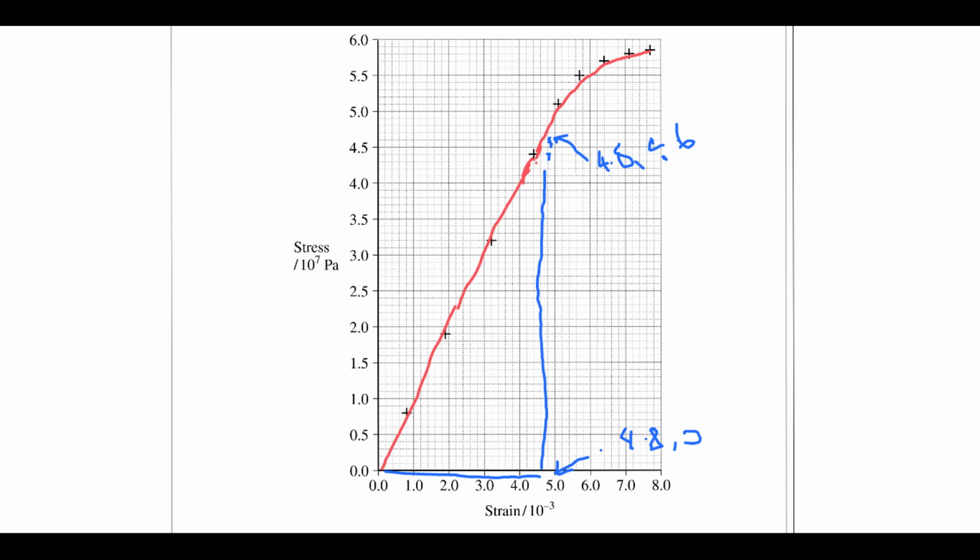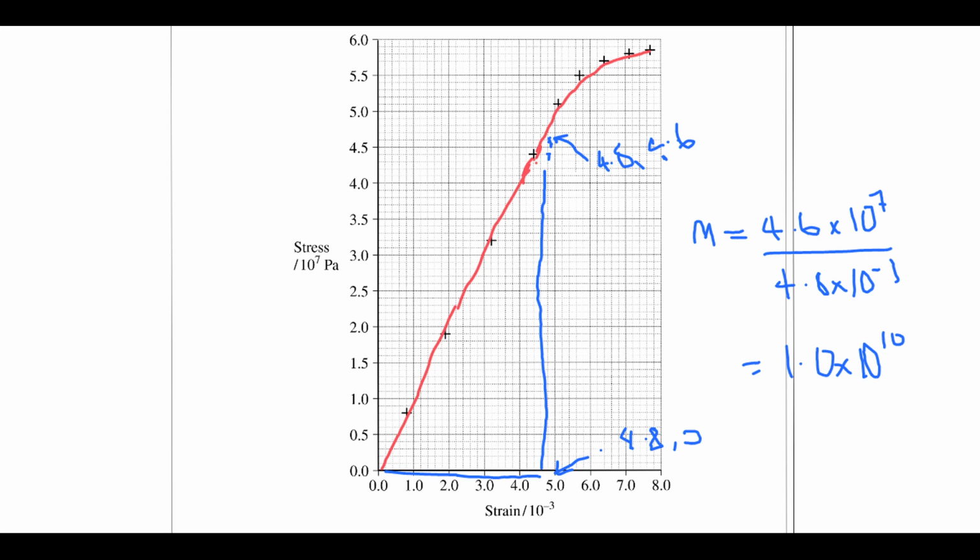4.6. So your gradient is going to be a change in y, which is 4.6 times 10 to the 7, and your change in x, which is 4.8 times 10 to the minus 3, which gives us a gradient of around 1 times 10 to the 10 pascals.